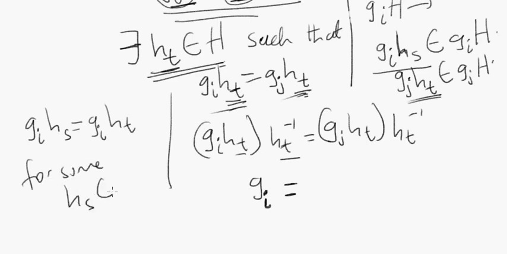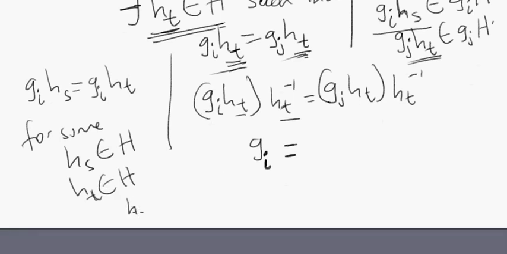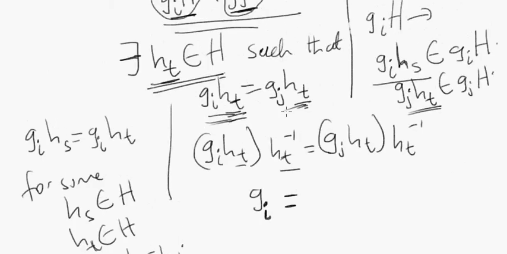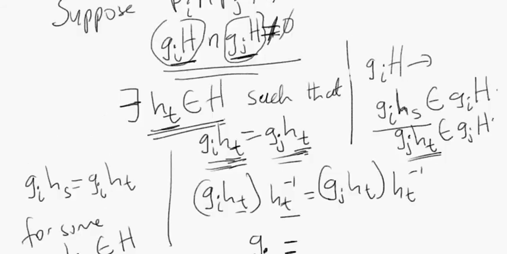But can we be guaranteed that HS equals HT? No. And that's why we couldn't just say here that GI times HT equals GJ times HT. We're assuming that these elements of H that form the intersection are necessarily equal to each other, and we can't assume that, right?